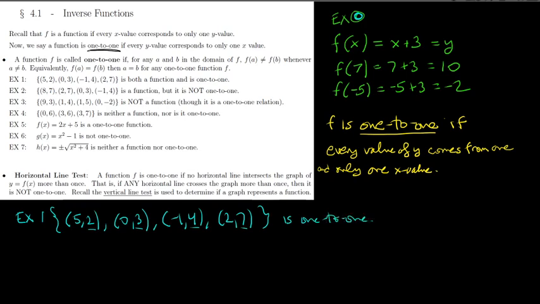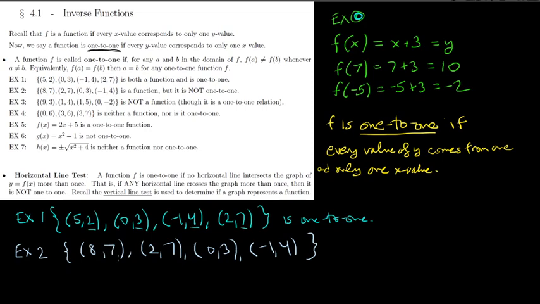So let's look at example 2, which are the set of these ordered pairs: 8, 7, 2, 7, 0, 3, and -1, 4.